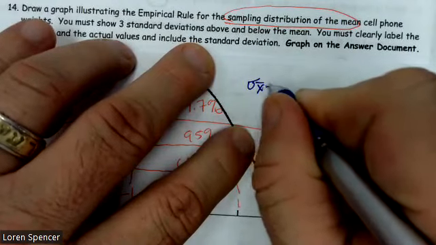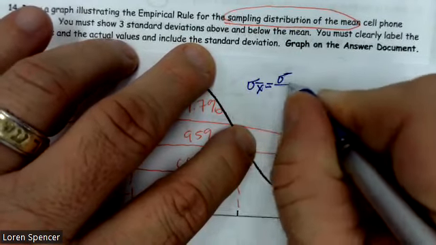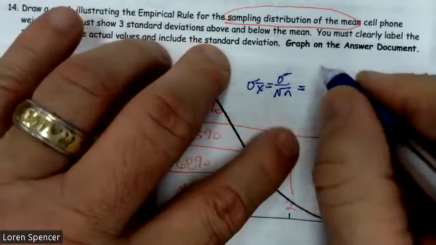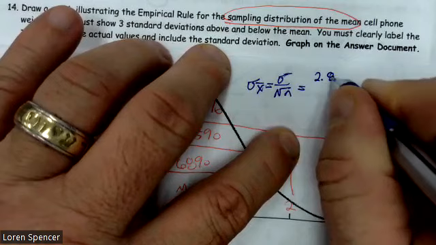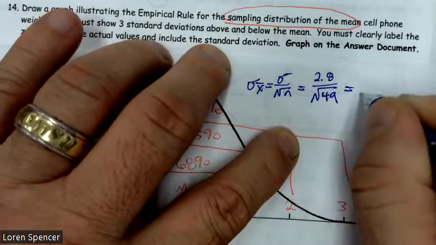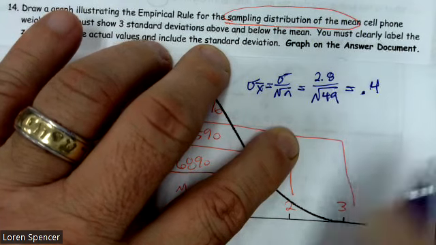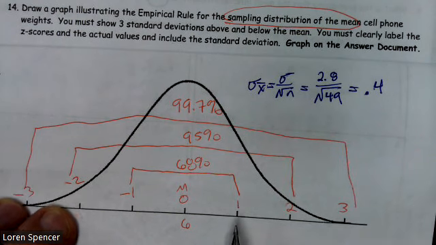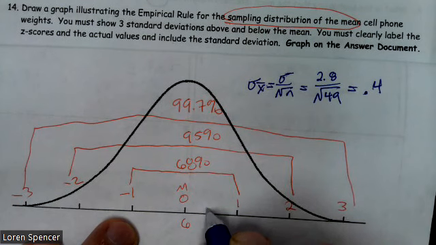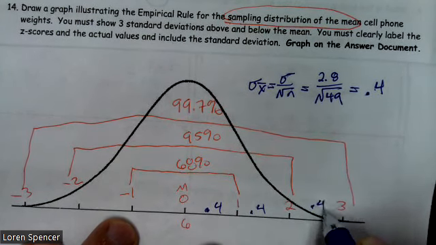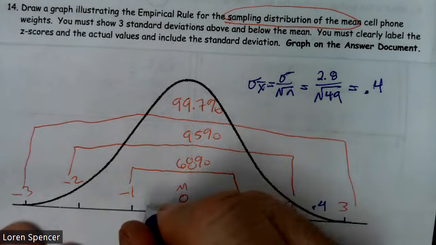And the standard deviation of X bar is the standard deviation divided by the square root of N, which in this case was 2.8 over the square root of 49. And when we solved that before, we got 0.4. If you just brought the 0.4 down because you'd already done that on part 8B, that's okay. So I'm going to put the 0.4 here because that's what I'm going to be adding and subtracting.